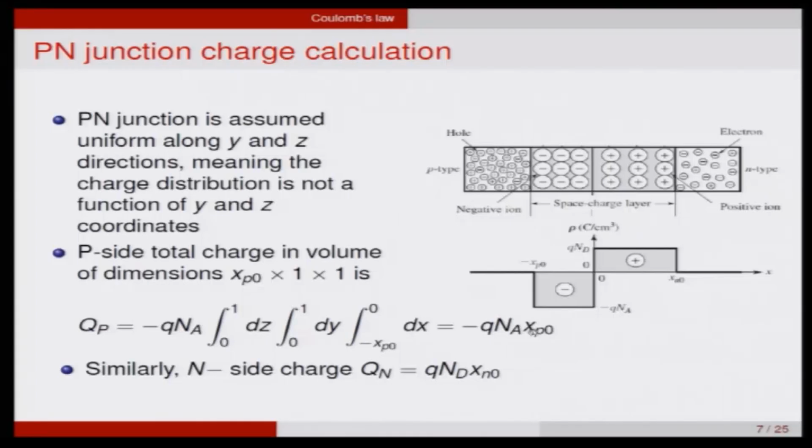Similarly, you can carry out an integration to find the total charge on the N side of this junction, and you will see that it is q N_D x_n0. Because of charge conservation, the magnitude of the charges on the P side must be equal to the magnitude of the charges on the N side. We will be talking about PN junctions a lot later.